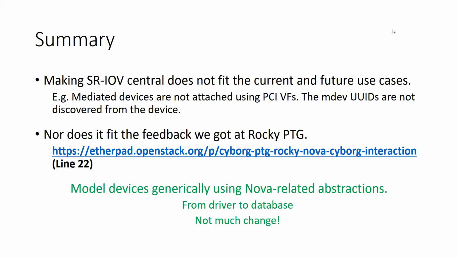Not static. You mean the addresses could be changing or what? Yes, in the sense that if you take a VF, for example, when you first discover the device, you know how many PFs there are and how many VFs there are. At the discovery time itself, you know what is there. But in the case of mediated devices, you're going to get a PCI function. Later, when you want to attach that to a VM, you will create a UID. Actually, I have an example of that.